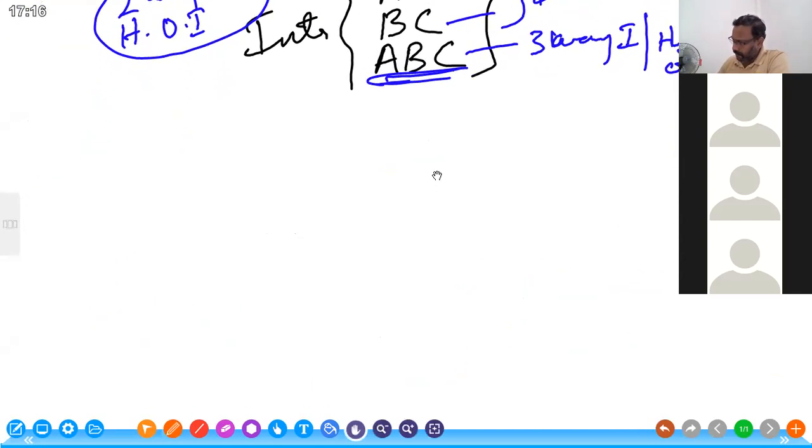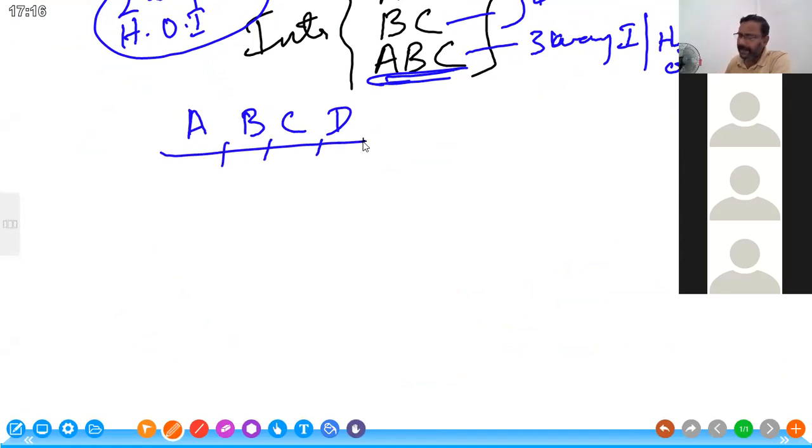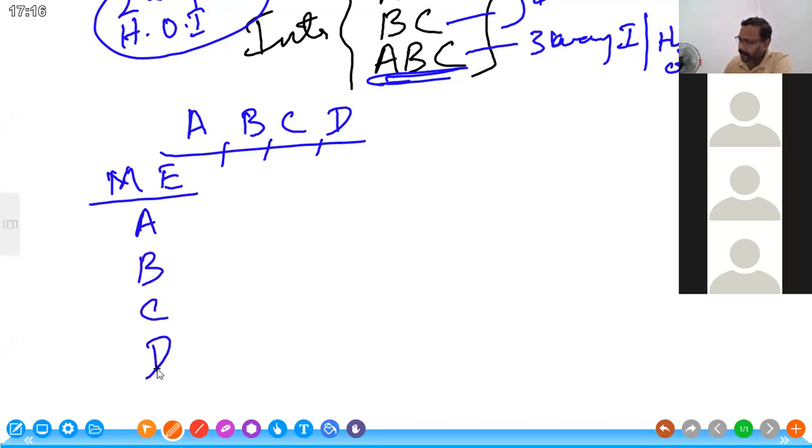Right. Now, let's say I have A, B, C, D. Write down the main effects. What are the main effects? A, B, C, D. What are the two-way interactions? Can somebody tell me?